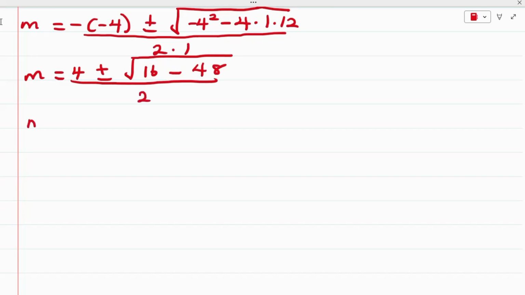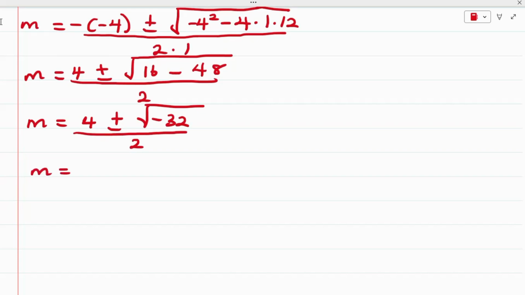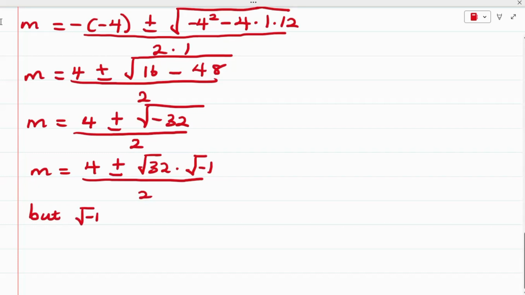So this becomes m is equal to 4 plus or minus the square root of 16 minus 48, which gives us negative 32, all over 2. m is equal to 4 plus or minus, and we can write this as the root of 32 multiplied by the root of negative 1, all over 2. But the root of negative 1 is equal to i, so m is equal to 4 plus or minus the root of 32 i, all over 2.